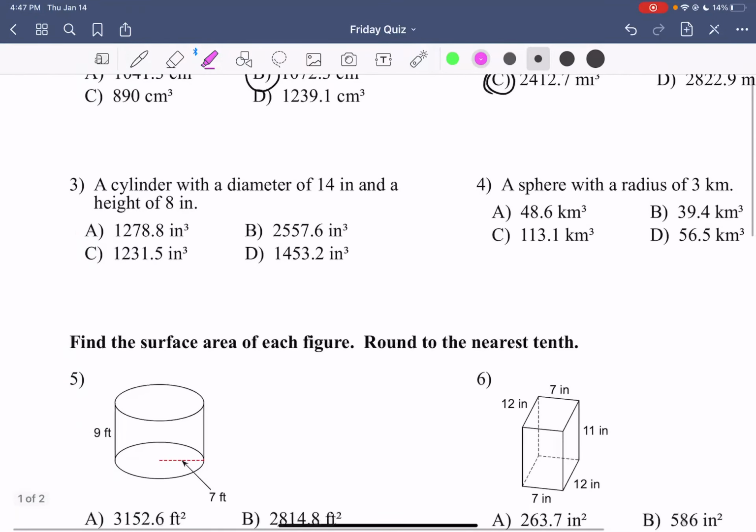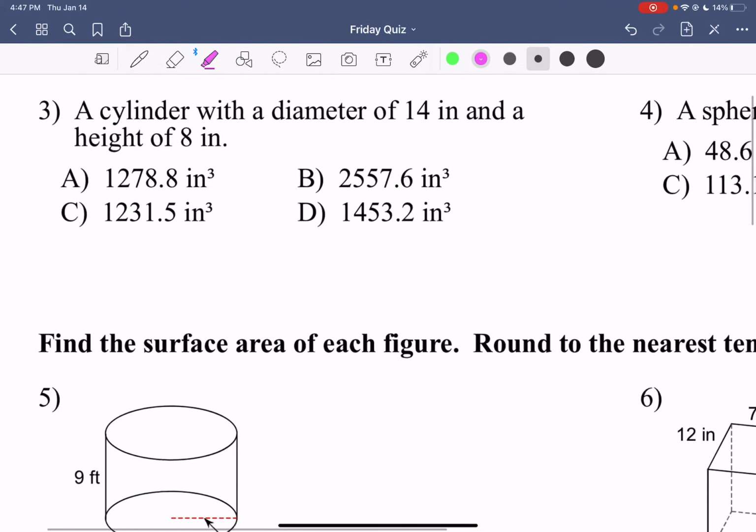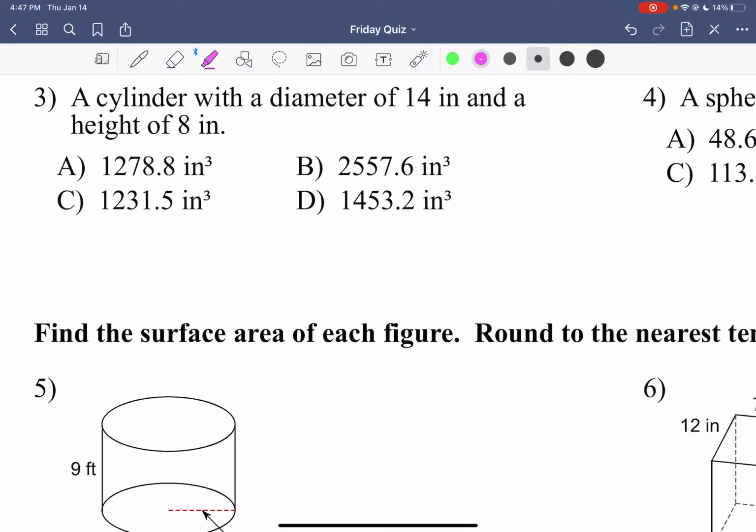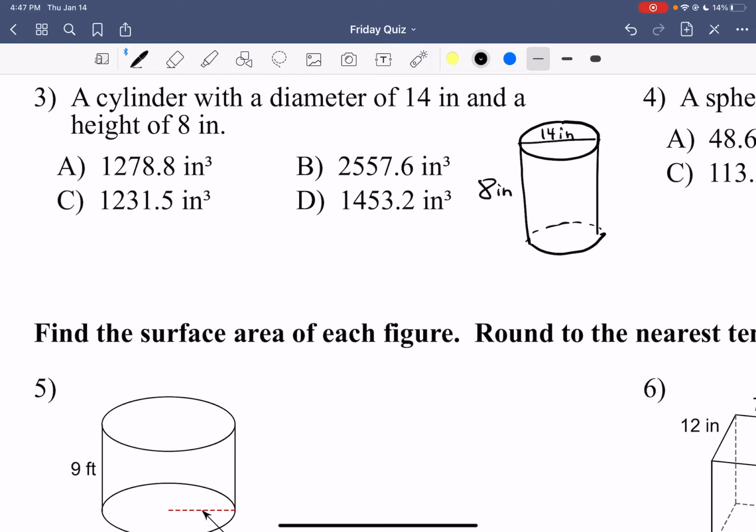Okay, number 3. So this says a cylinder with a diameter of 14 inches and a height of 8 inches. So I'm going to go ahead and draw my picture. Okay, so we have a cylinder, and it has a diameter of 14 inches and a height of 8 inches.